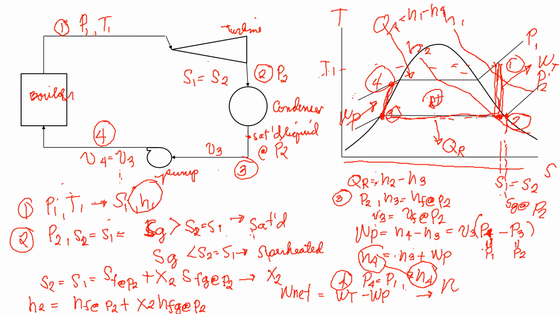Thermal efficiency is just equal to the work net over the heat addition, which is equal to H1 minus H4. So that is the ideal Rankine cycle.